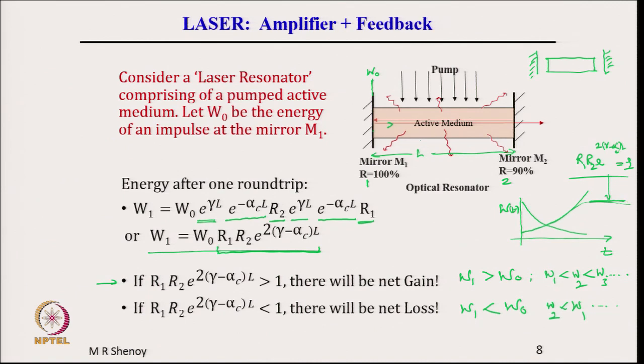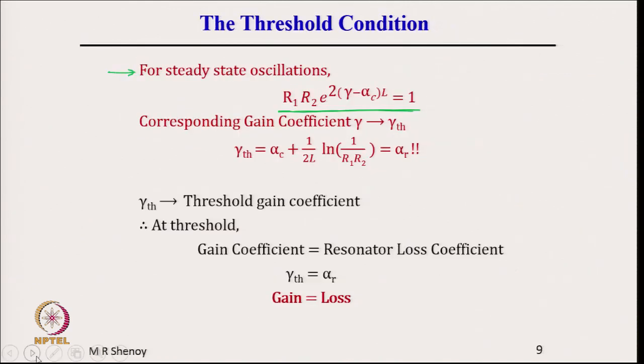So, that is the situation. This is with time, that may come after several round trips. So, that is what is indicated here, that for steady state oscillations this must be equal to 1, and the corresponding gain coefficient gamma is called the threshold gain coefficient. The gamma which satisfies this equation is called gamma threshold.